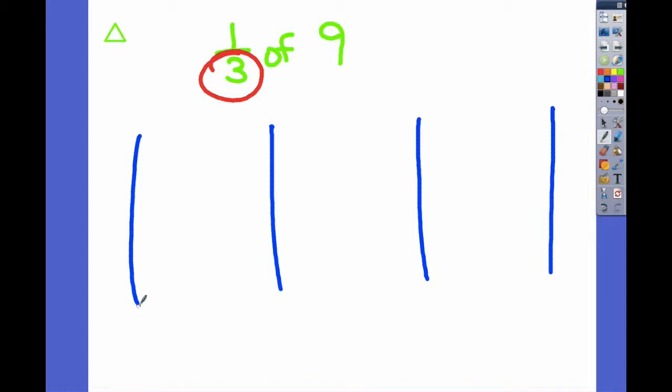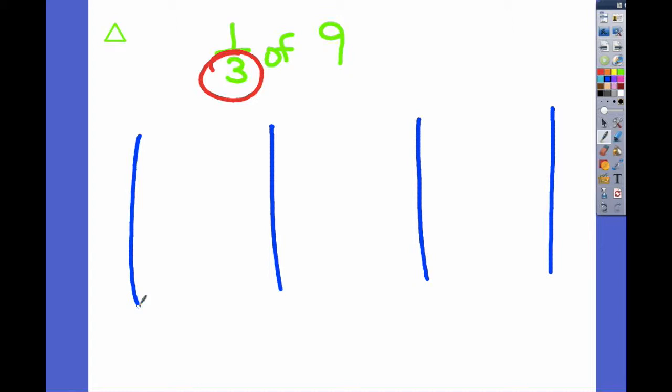Any ideas? What do you think, Chance? Because we're going to pull in like 3 of those for 3. Okay. Maybe because you're not really sure how many blocks you're going to put in each one. Yes, if you're not sure how many you're going to put in each one.